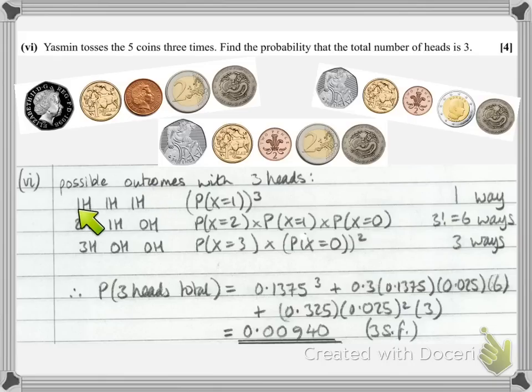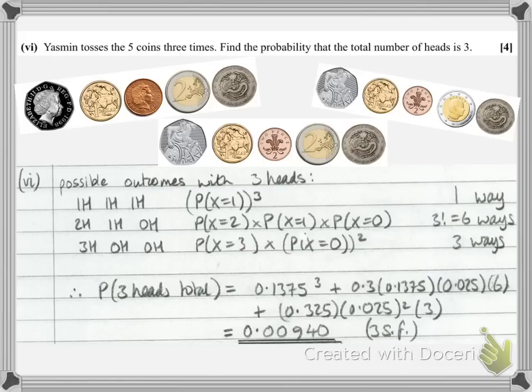So, we could have one head in each section. We could have two heads, and then from one set, one head from another, and no heads from the third. That's the scenario I've indicated up here. Or we could have all three heads in one of the tosses, and then no heads in the other two. So there's a few things we need to be careful of here.